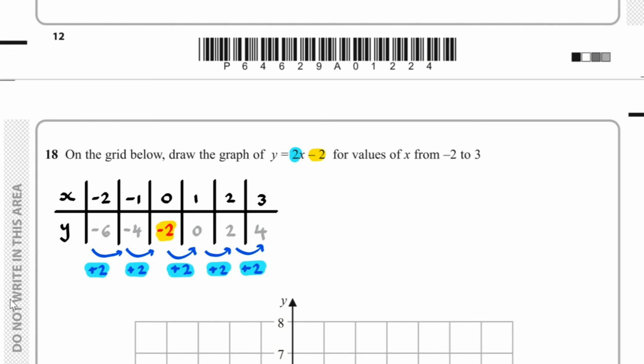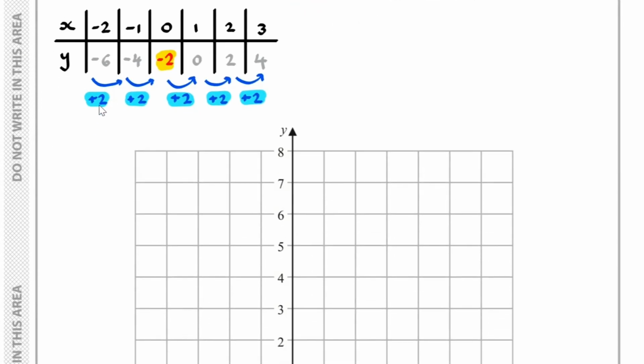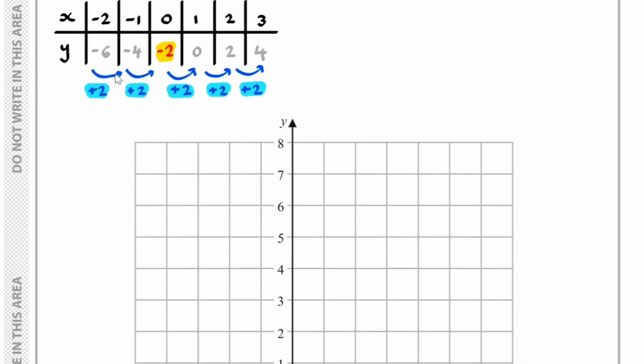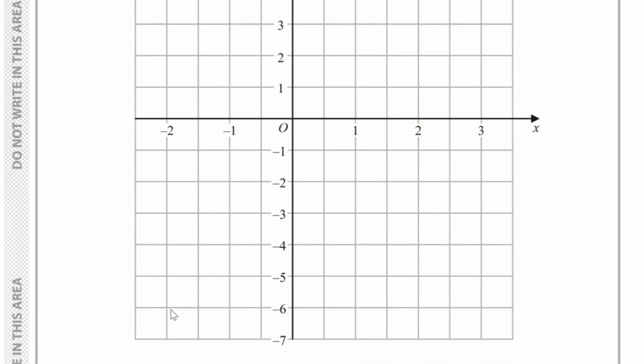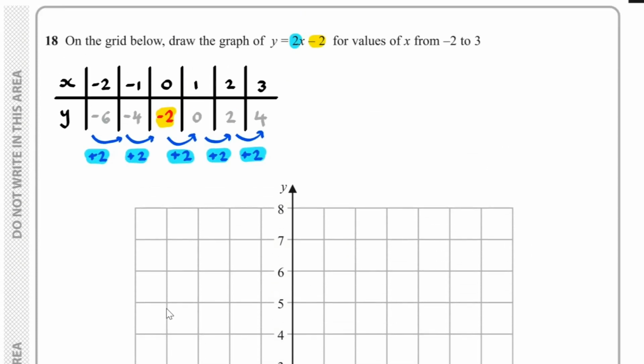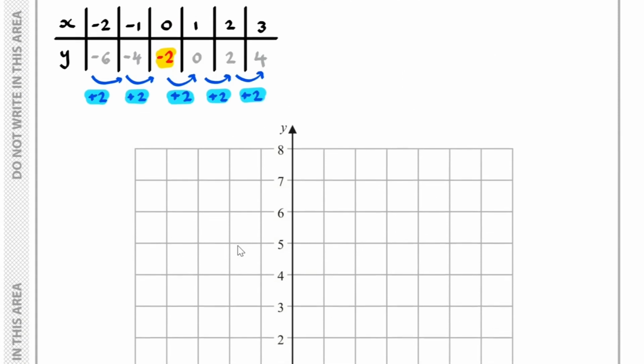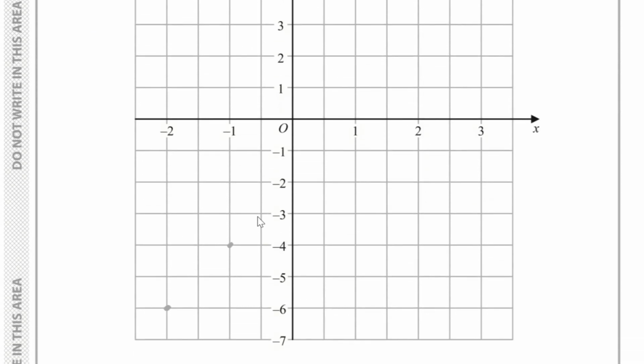And so what we need to do is plot these values. So, when x is minus 2, y is minus 6. When x is minus 1, y is minus 4. When x is 0, y is minus 2.